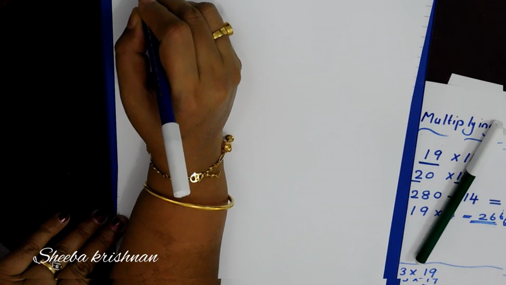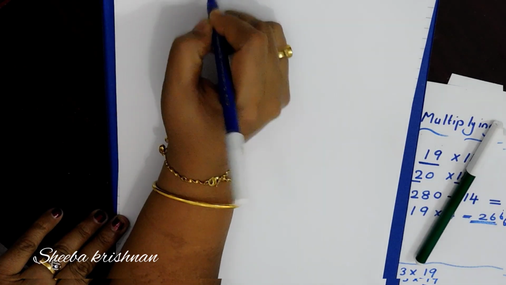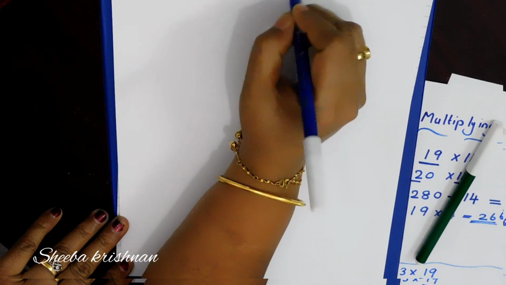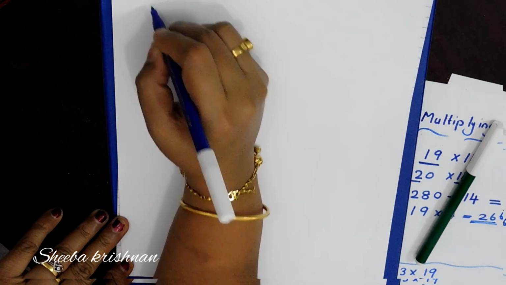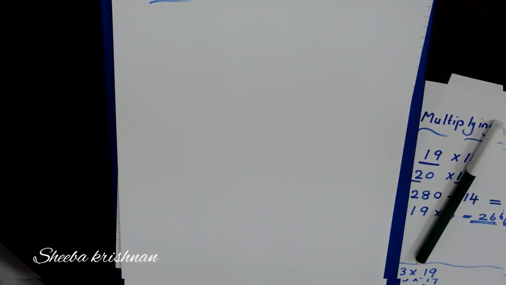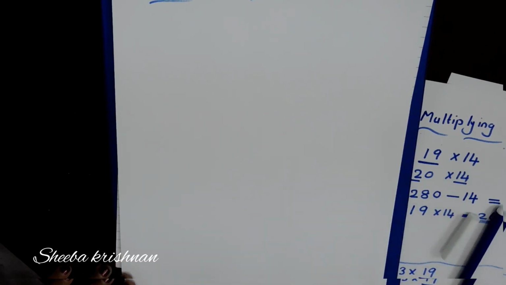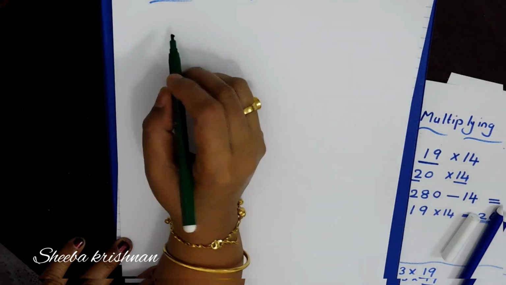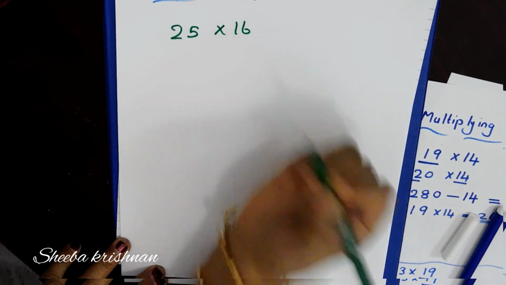Now let us find how to multiply by 25 mentally. Let us take an example. 25 times 16.